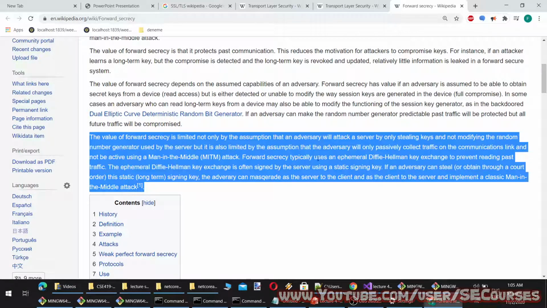Forward secrecy typically uses an ephemeral Diffie-Hellman key exchange to prevent reading past traffic. The ephemeral Diffie-Hellman key exchange is often signed by the server using a static signing key. If an adversary can steal or obtain through a court order this static, long-term signing key, the adversary can masquerade as the server to the client and as the client to the server and implement a classic man-in-the-middle attack.